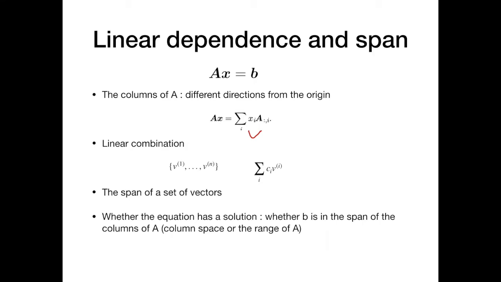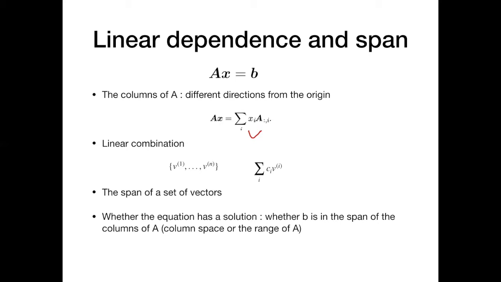By this way, we can get a lot of points in the space that is described in the columns of A. And the set of points, which is the set of results of linear combinations, is called the span of a set of vectors.